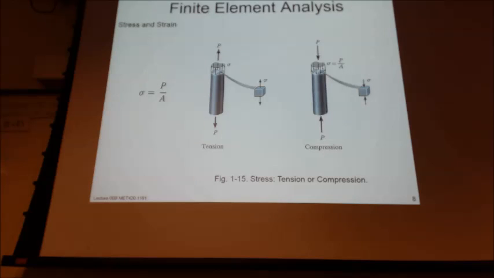Isotropic means that the homogeneous properties are the same in all directions. So steel again. An example of anisotropic properties would be something that gets cold worked, like cold drawn steel, which won't have the same properties in one direction versus the other.